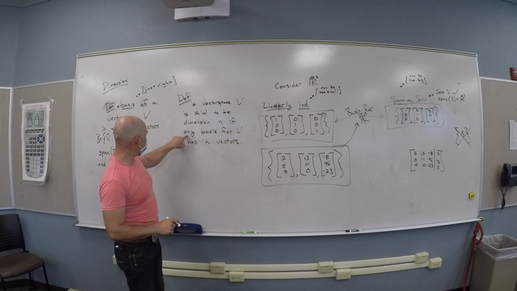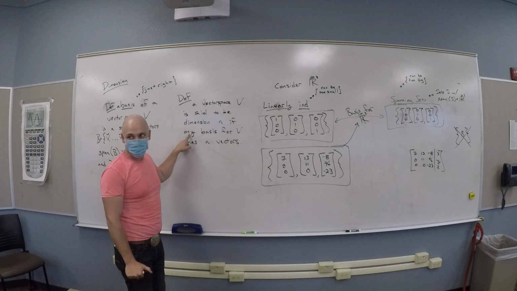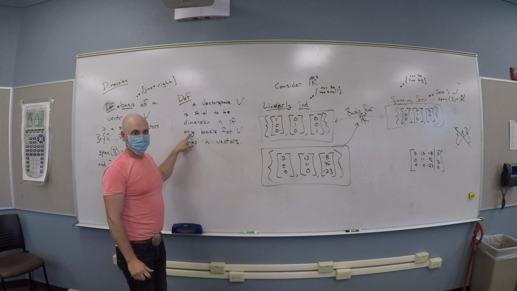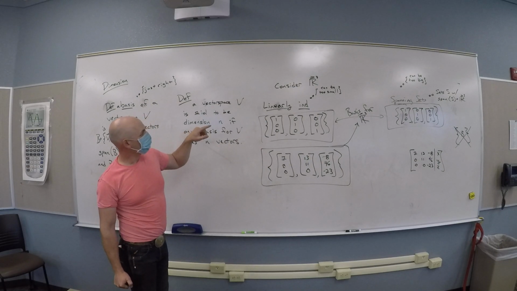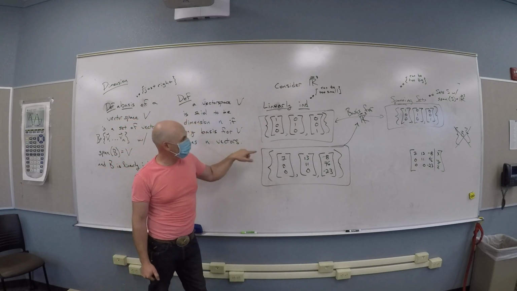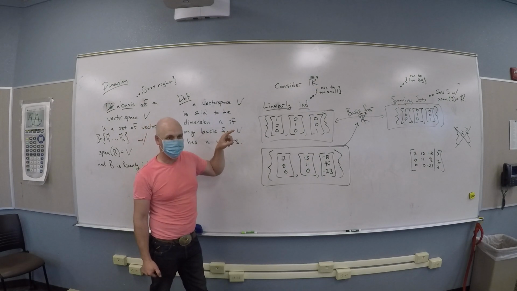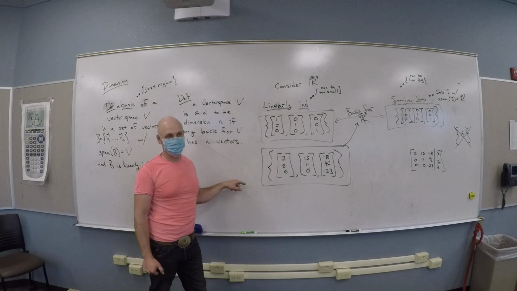Now, the "any" part of this is kind of jacking with me, right? We do need to spend a second and show that a basis is always going to have the same number of vectors in it. You guys see that?